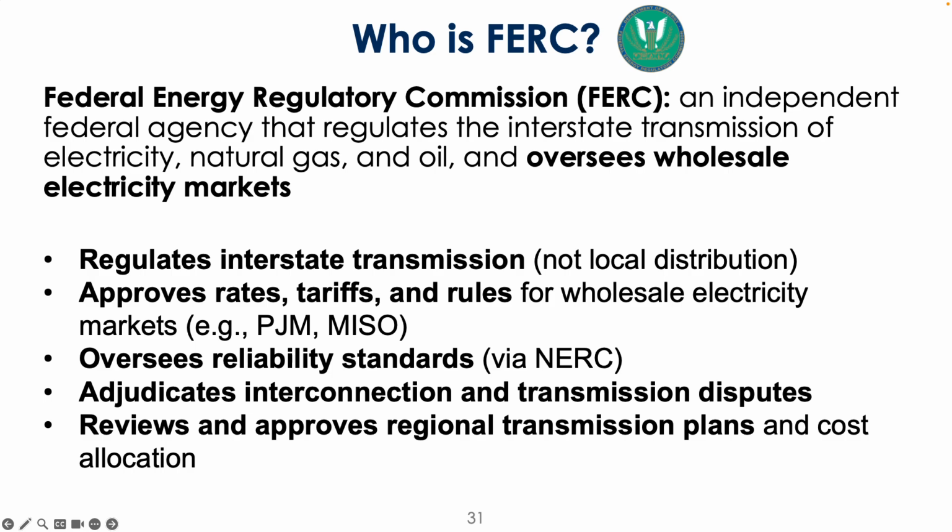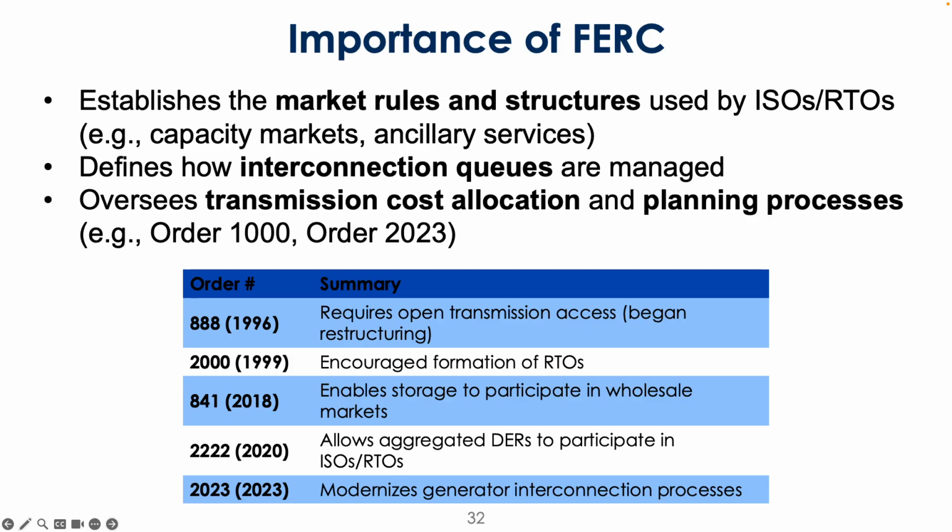And so FERC is the federal authority that oversees a lot of these balancing areas. They establish the market rules and structures that are used by ISOs and RTOs, or I should say they approve a lot of those rules and structures, or give allowances to structure them in certain ways.